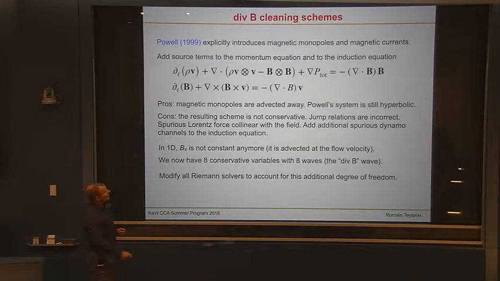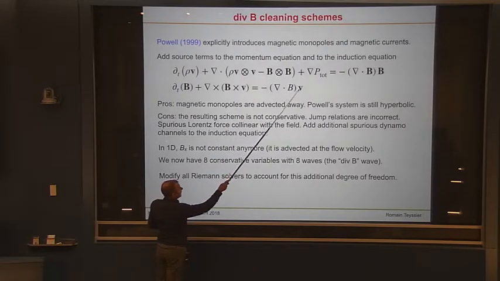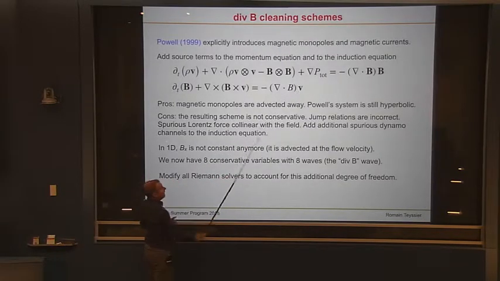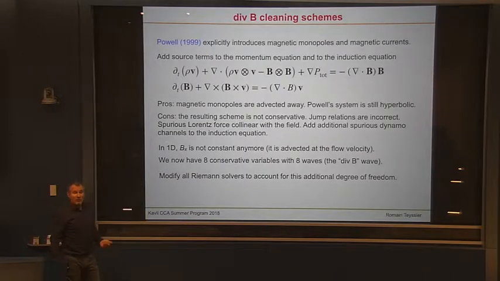And of course, what you observe is that this term here, especially this one, is proportional to the velocity. It advects away the magnetic monopoles. So if you have a fluid with a velocity field, you create magnetic monopoles, but those magnetic monopoles are advected away in the flow.